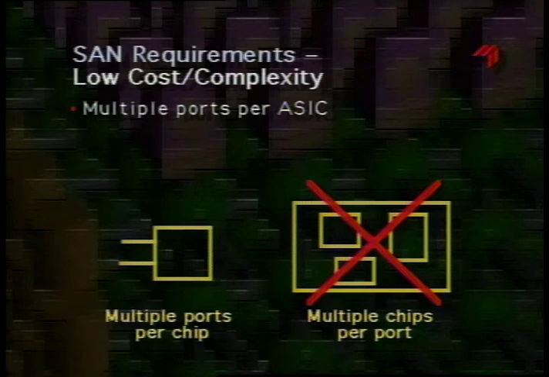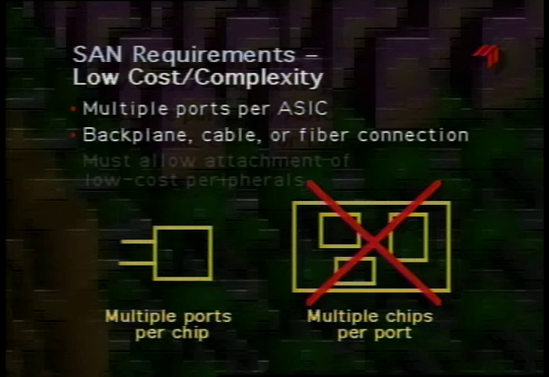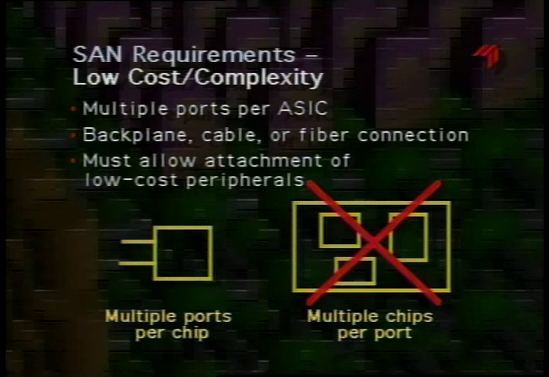Another ingredient to low cost is to have a network with few enough pins or low enough frequency pins that it can be sent directly across the backplane, across cables, or across fibers wherever required. Also, the complexity must be low enough that we can afford to attach low-cost peripherals to this network.